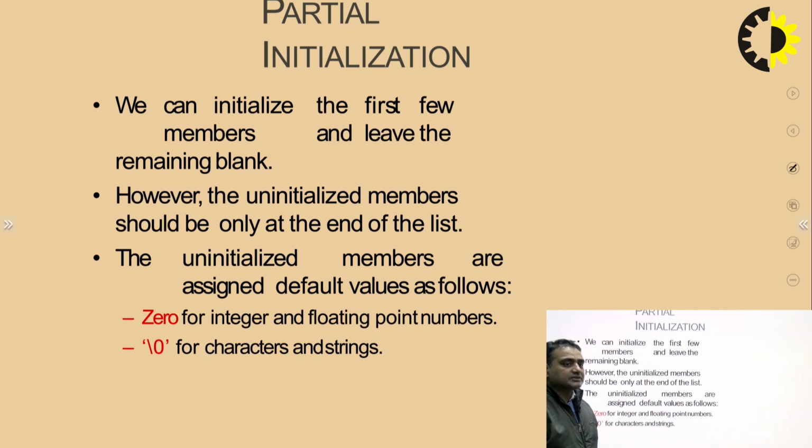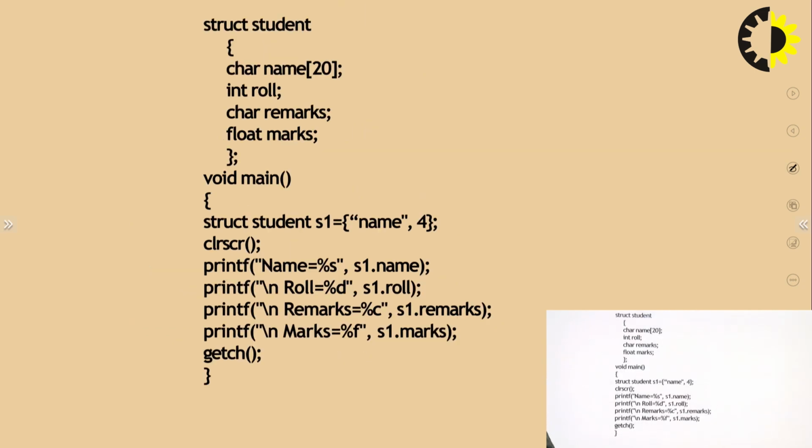The uninitialized members are assigned default values as follows: 0 for integer and floating point numbers, and \0, the null character, for characters and strings. So in this example, s1 is a structure variable, and these are the 4 field members, but here we are only assigning values through the name.